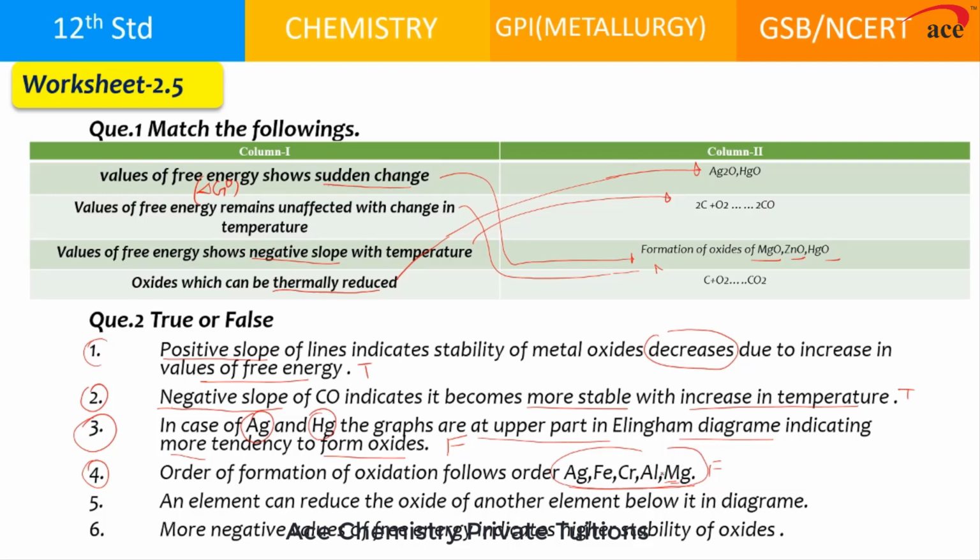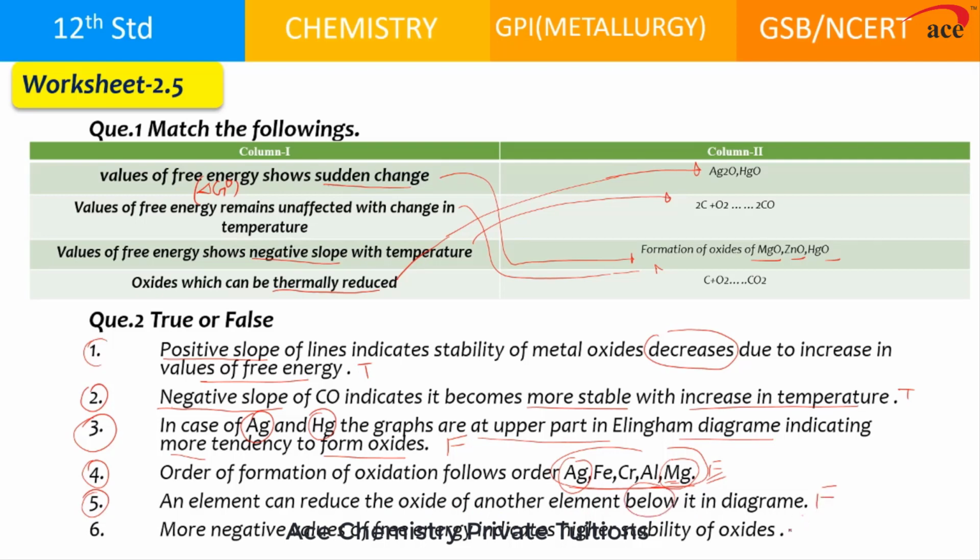So more lower position of the graph on the y-axis means more negative or less value of delta G naught, which indicates higher stability. So here the magnesium should oxidize first and silver should oxidize last. So the order should be what? Reverse. That's why the statement is what? False.